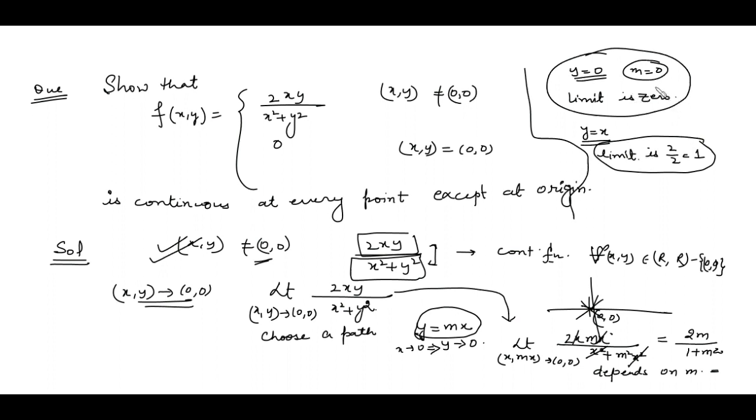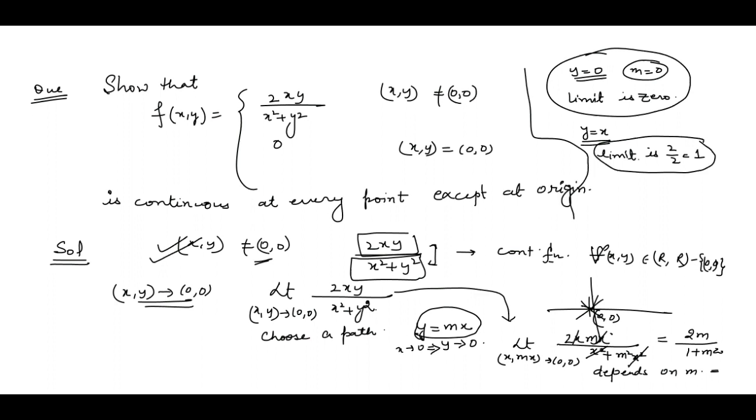Here the limit is 0, here the limit is 1, which means it depends on m, it is not unique. Now since the limit is not unique, at 0 comma 0 the limit does not exist, which means your function is not continuous at origin.